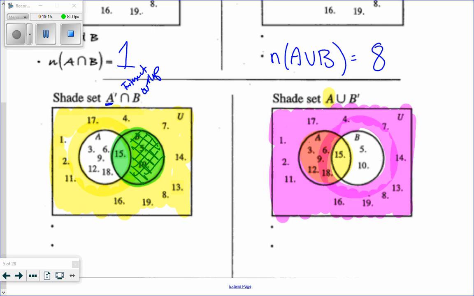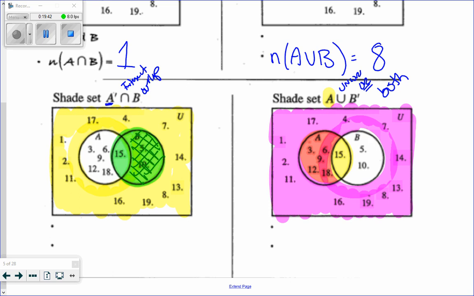Okay. So you see right here how I've got the 2 colors? It kind of looks like a pinky red. That would be the and answer because you got overlap. This is union. So this is the or answer, or in other words, it's the both. So it's anything that's got color on it. It doesn't matter if it's got 1 color or 2 colors.